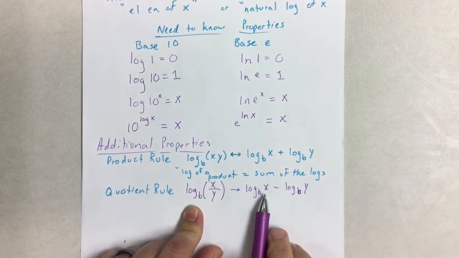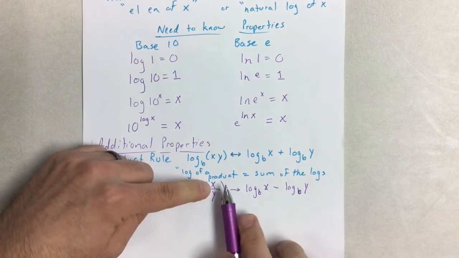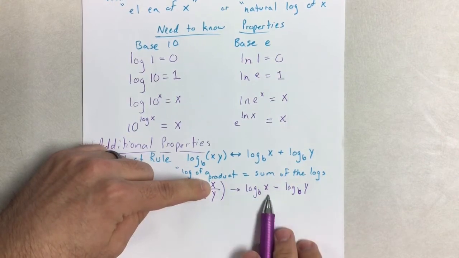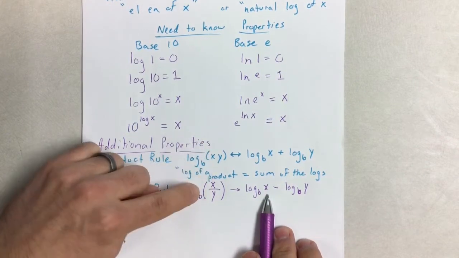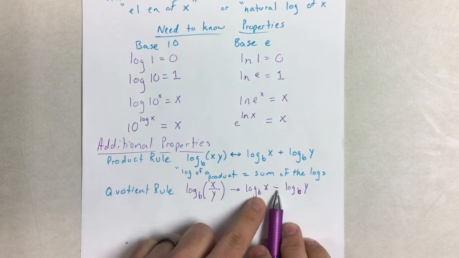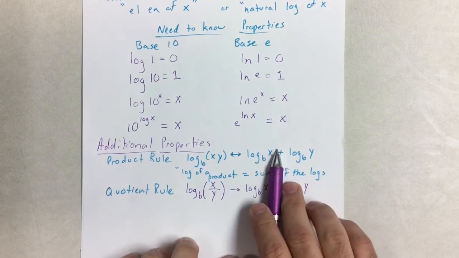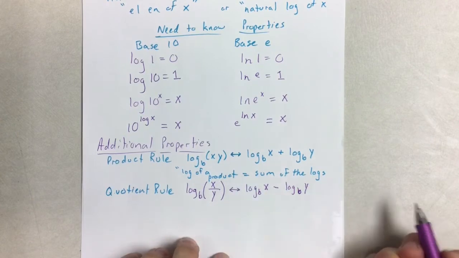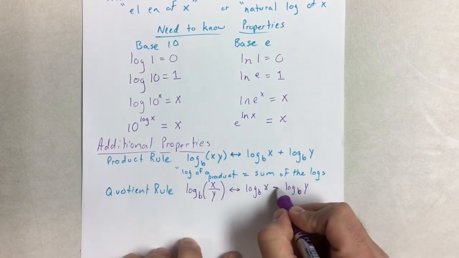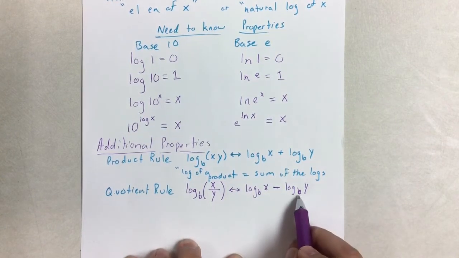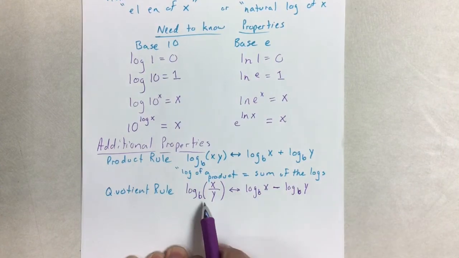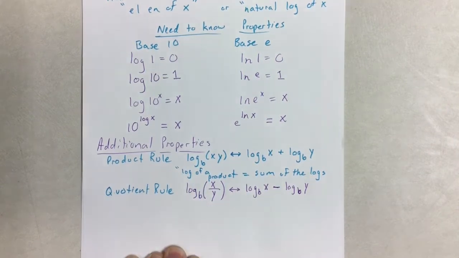Notice that the numerator leads this expression. So a quotient results in subtraction, a product results in addition. And just like before, this goes in both directions. If I have a difference of two logs, as long as the bases are the same, we can rewrite it as a single log with division.